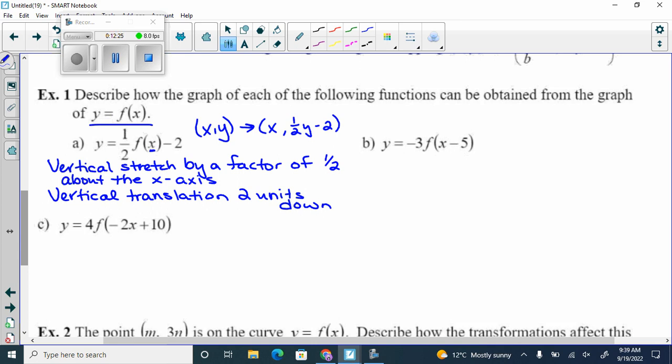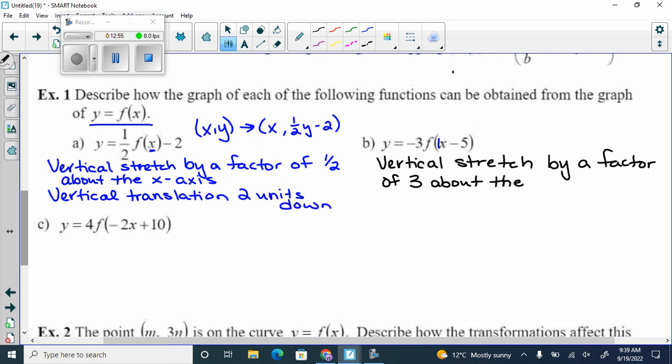Then we look at b. Before I go to do anything, I say, okay, there's a 1 in front of my x, so I can carry on, correct? It's y equals and there's 1 in front of my x. Those are the key things I have to have in order to start talking. So I have a vertical stretch by a factor of 3 about the what?